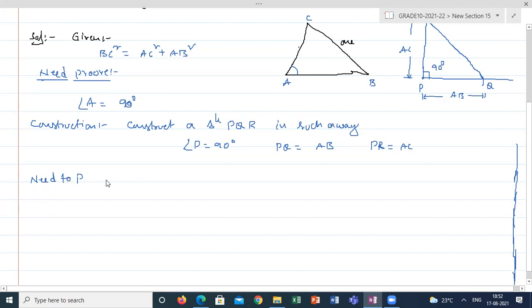Proof. Apply the Pythagoras theorem to triangle PQR. What will I get if I apply the Pythagoras theorem to triangle PQR?